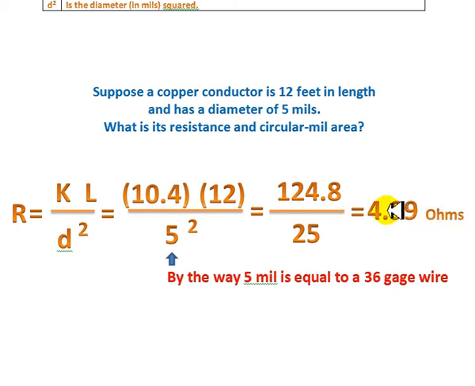So that's the resistance of the wire that's 12 feet of copper, with a 5 mil diameter. And your answer here: circular mil area is 25, resistance is about 4.99 ohms. Remember that 5 mil is equal to 36 gauge wire.